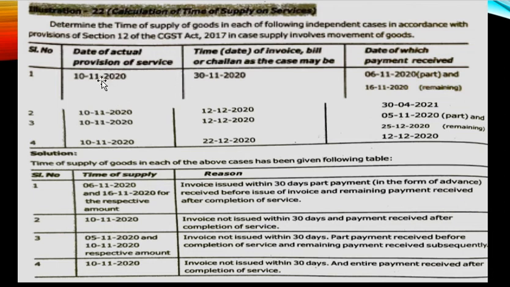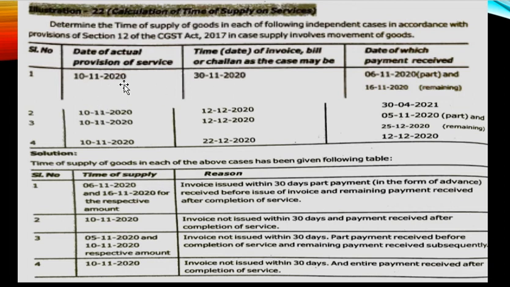Now under the first situation, the actual date at which the service was rendered was 10th November 2020. Then the invoice date is 30th November 2020. When it is a service, you should look into the date when the service was rendered and the date of the invoice.